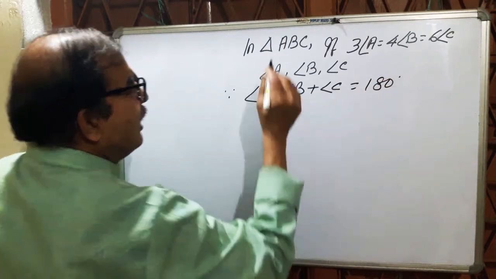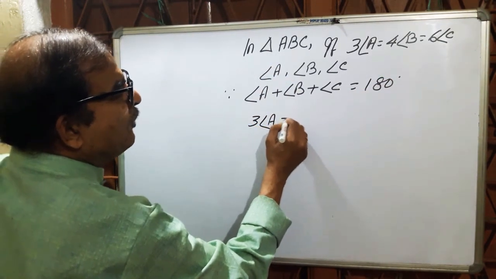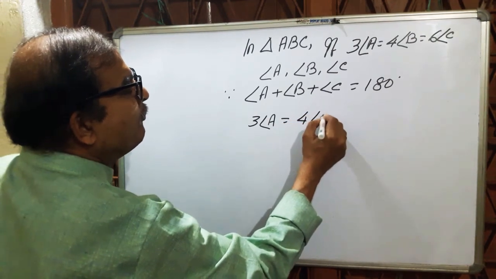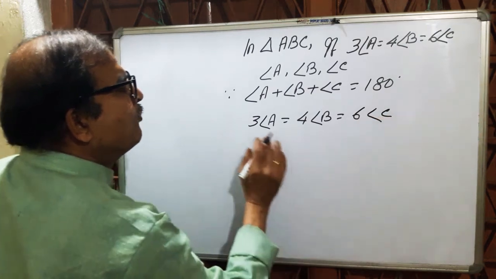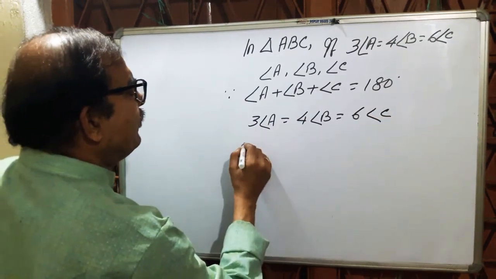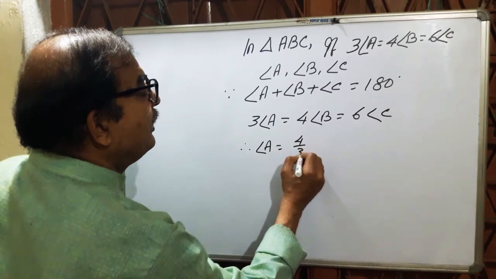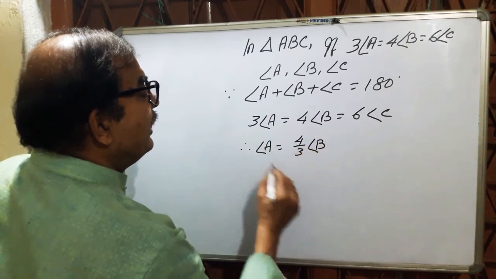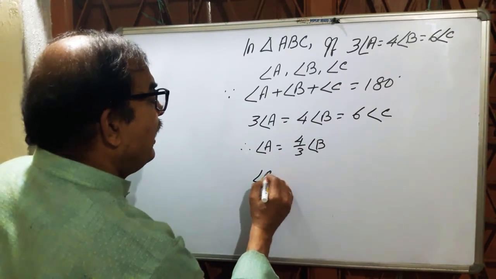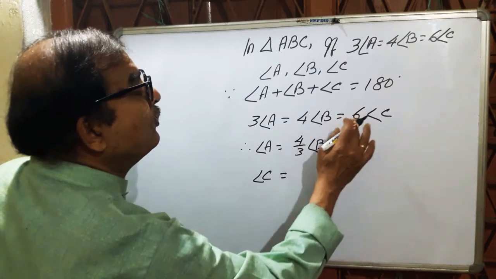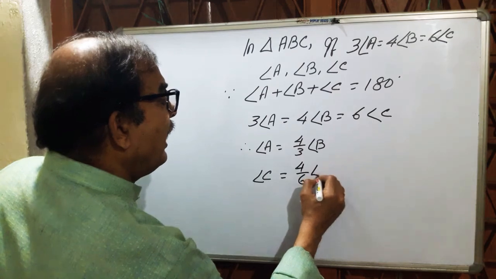Now given 3 angle A equal to 4 angle B equal to 6 angle C. Therefore angle A equal to 4 by 3 angle B, and angle C equal to 4 by 6 angle B.